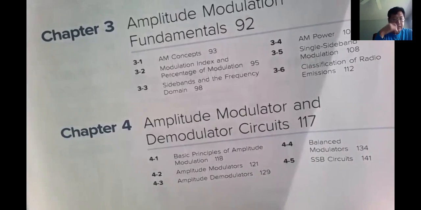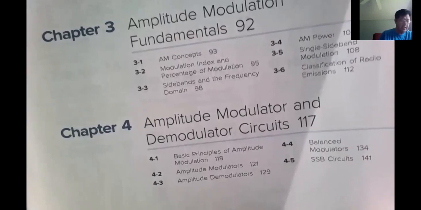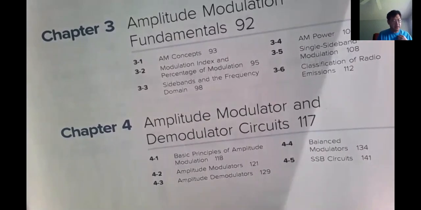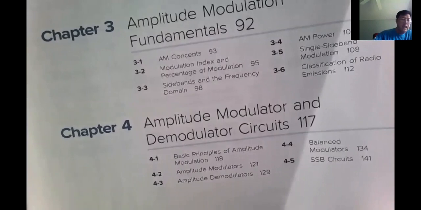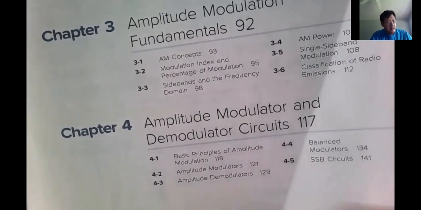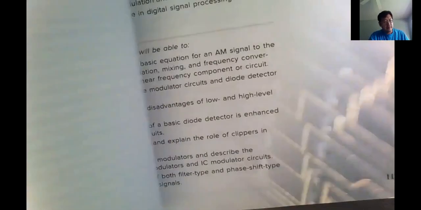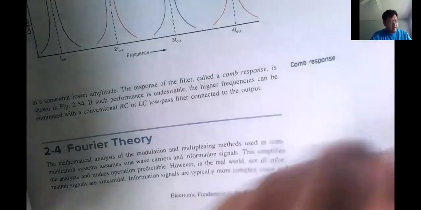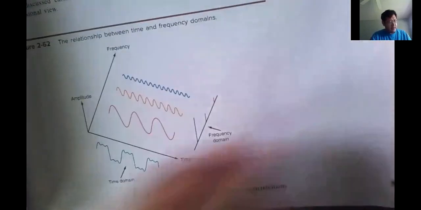So we will get started with the first topic. It will be the concepts of AM modulation. The subject for chapter 3 will be AM, amplitude modulation. And what exactly is AM modulation? It's a voice signal.